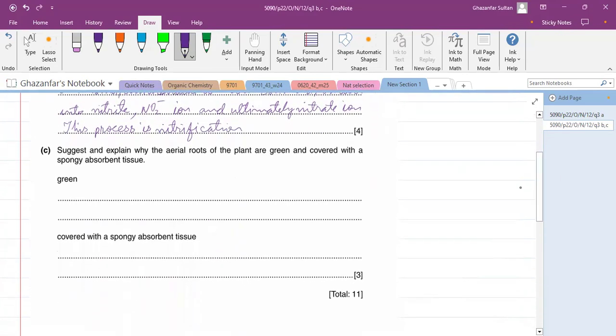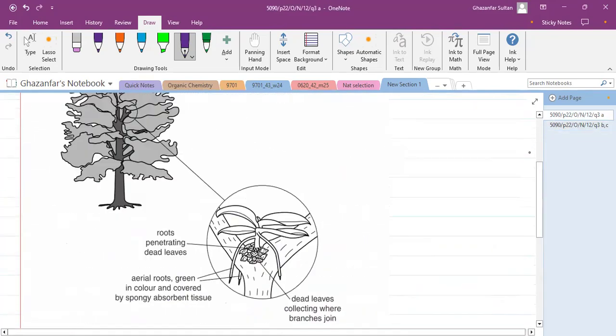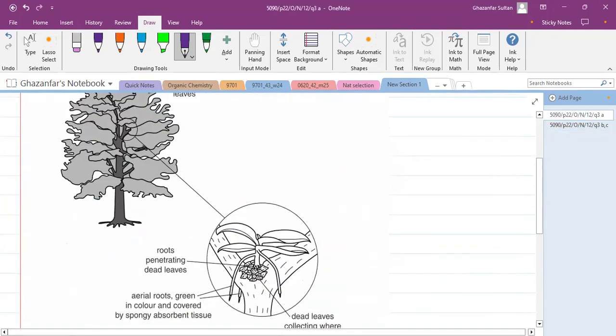Now, suggest and explain why the aerial roots of the plant are green and covered with spongy absorbent tissues. Now, see in the diagram that this plant is under the leaves of this tree. So this plant, where it grows, enough light cannot reach.